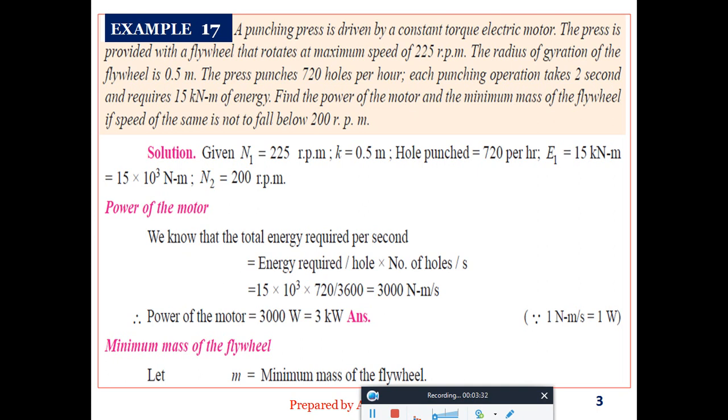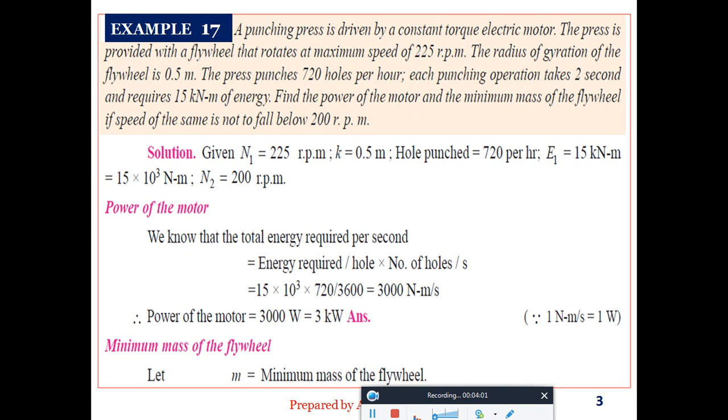A punching press is driven by a constant torque electric motor. The press is provided with a flywheel which rotates at a maximum speed of 225 rpm, that is N max. The radius of gyration K is 0.45 meter, and the number of holes punched is 720 holes per hour.